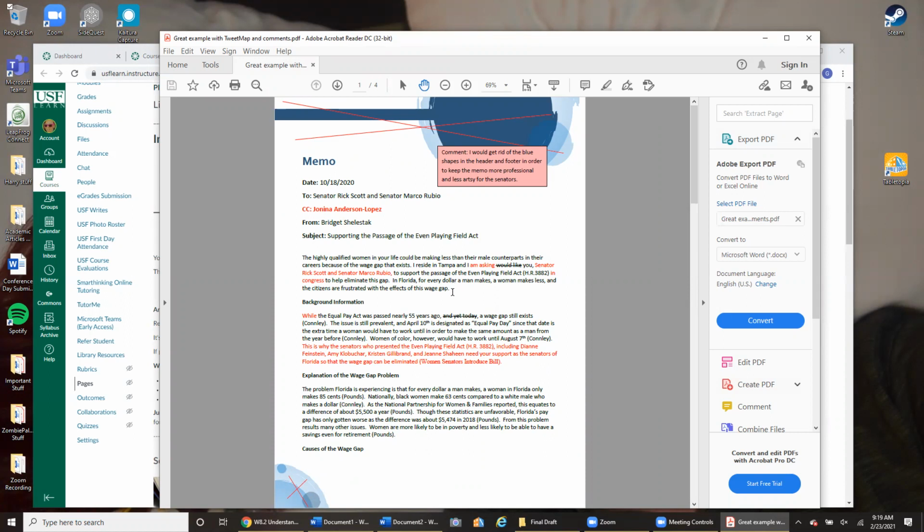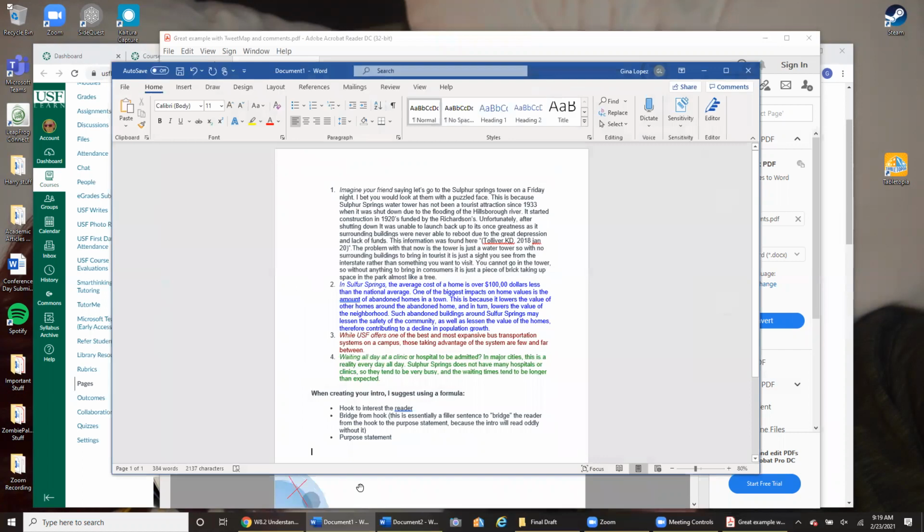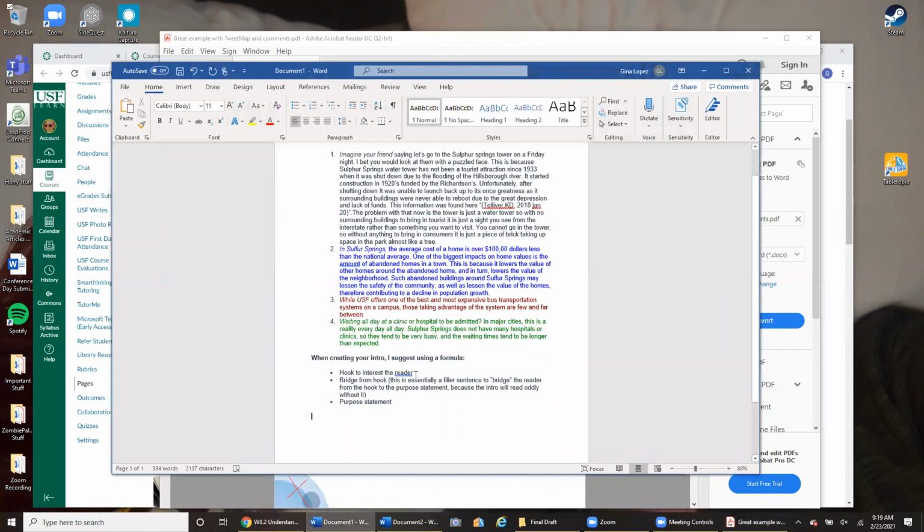But because it's a memo, it needs to be shorter than intros you might be used to writing. I have a sort of formulaic idea you could use to create an intro that's 3 sentences long.